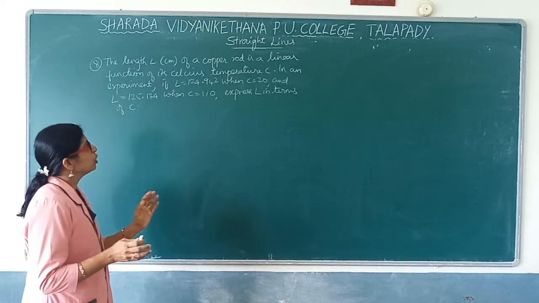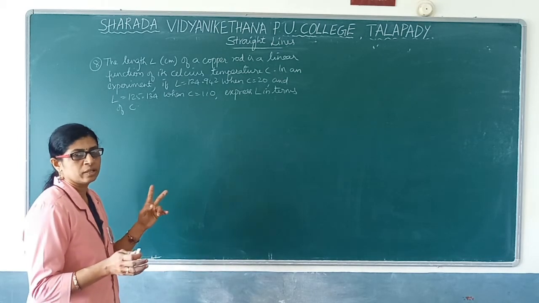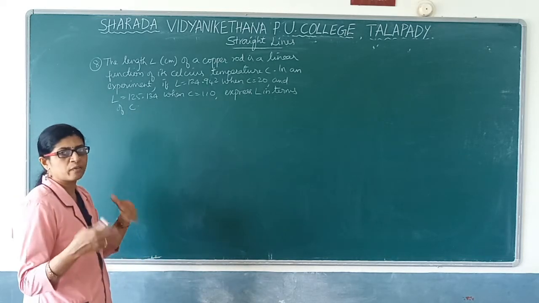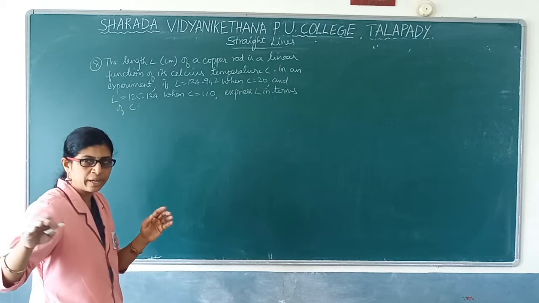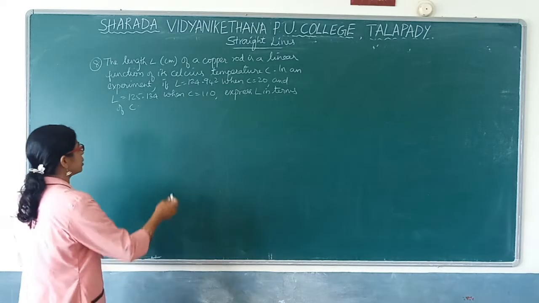Here we can consider the coordinates of 2 points. The x coordinate can be your Celsius temperature and the y coordinate can be the length of the rod.